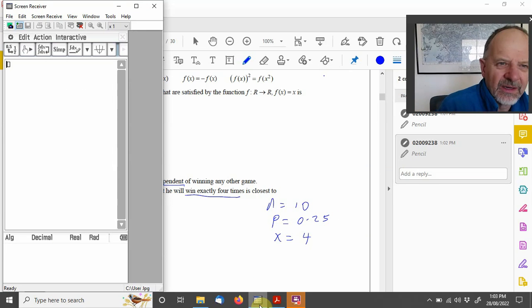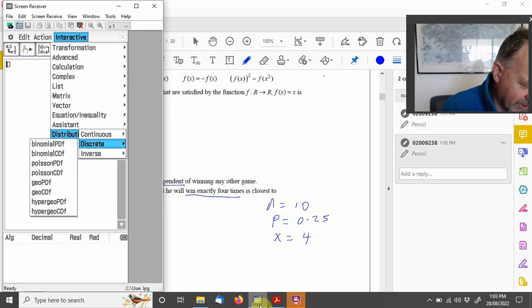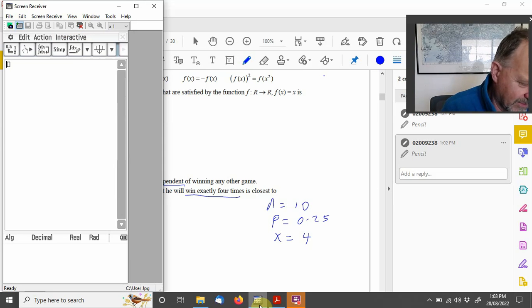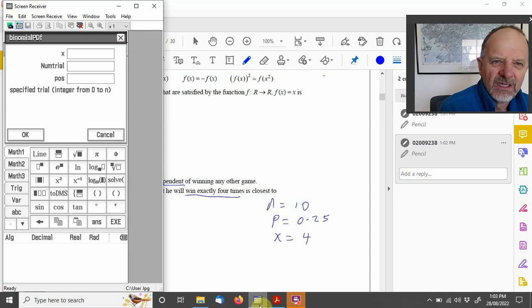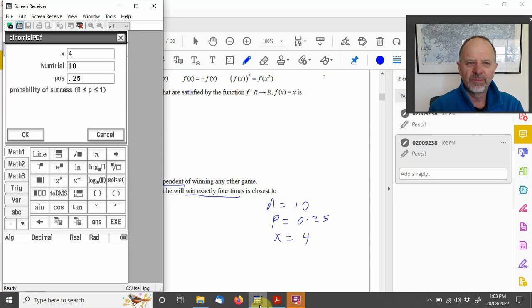So go to our calculator, and we're going to the interactive menu, going down to distribution, and we've got discrete, and we want binomial PDF. What's x? x is 4. The number of trials is 10, and our probability of success is 0.25.